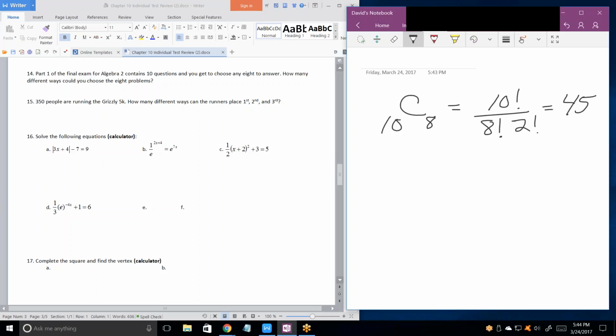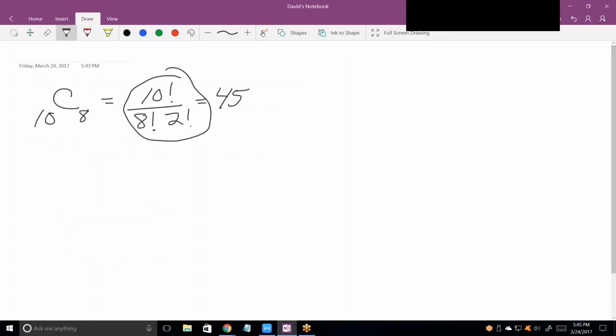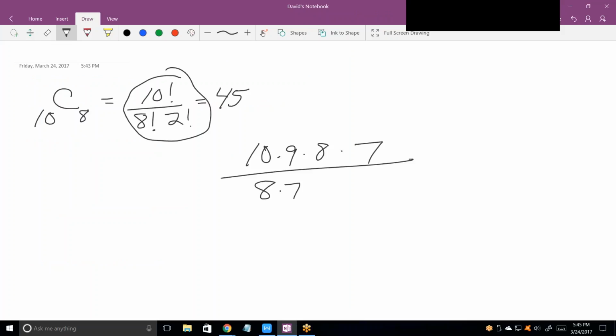But first of all, do you know how to do that without your calculator? It might be worth knowing. It's just like 10 times 9 times 8 times 7 all the way down, and then the bottom is going to be 8 times 7 times 6 all the way down times 2.